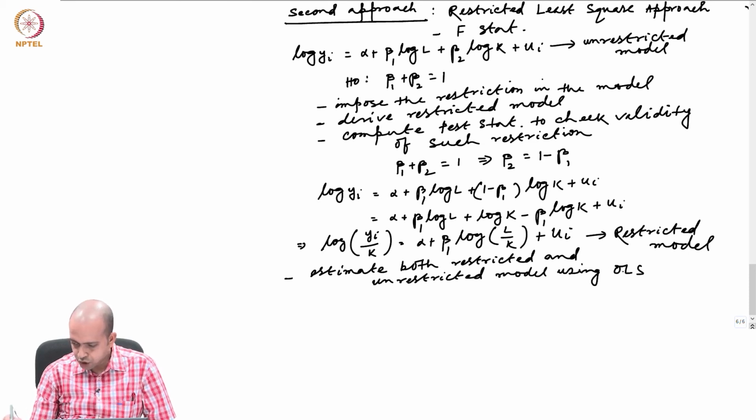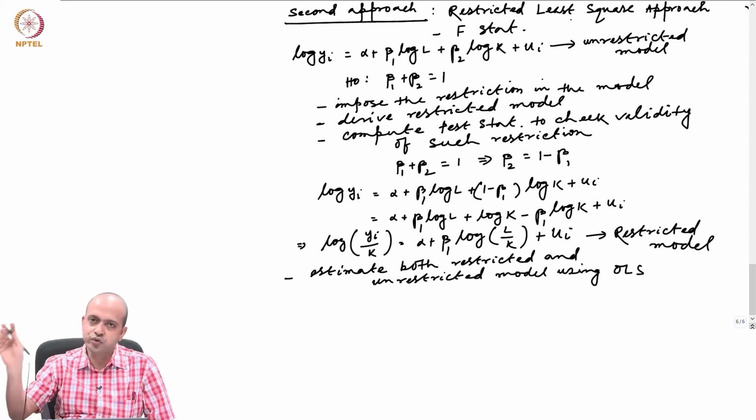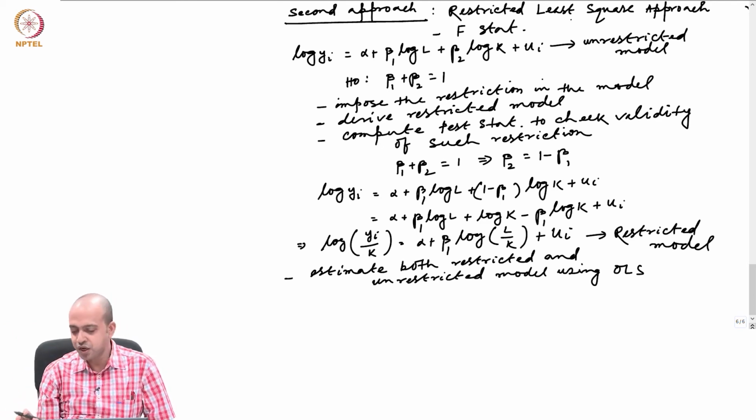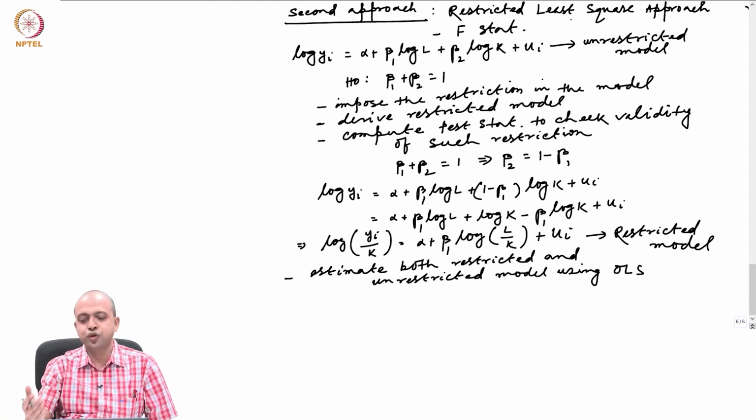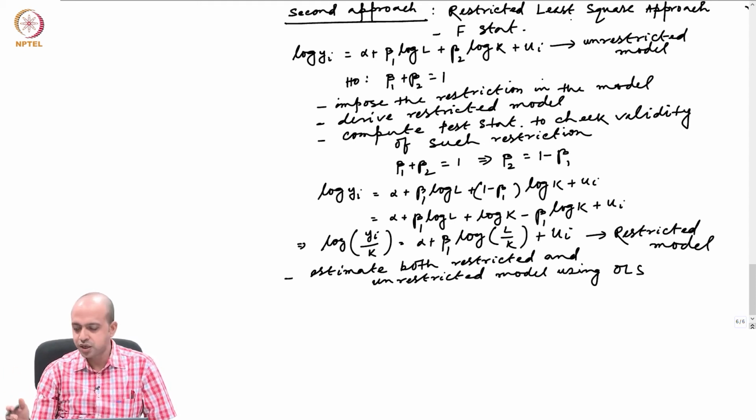And when you estimate the restricted version of the model using OLS, that is known as restricted least square approach in the literature. You can remember this name in the literature whenever you are estimating a restricted version of your original model using OLS, it is known as restricted least square approach.